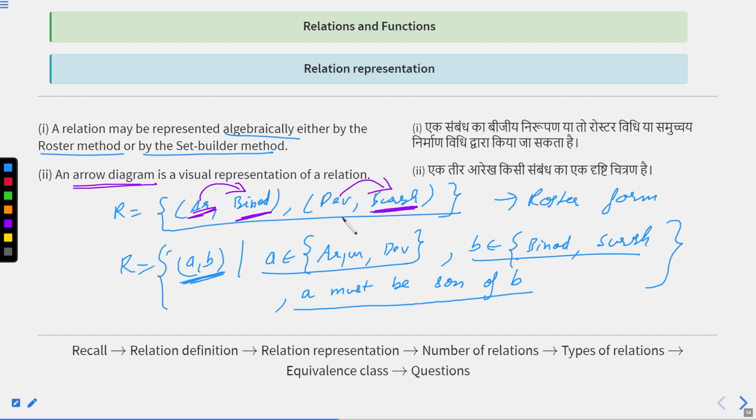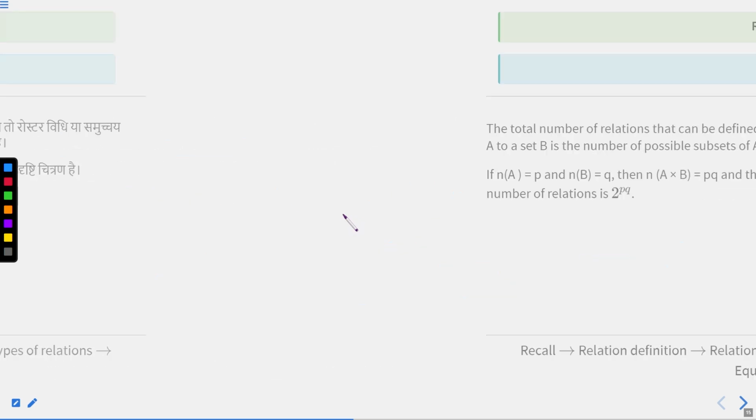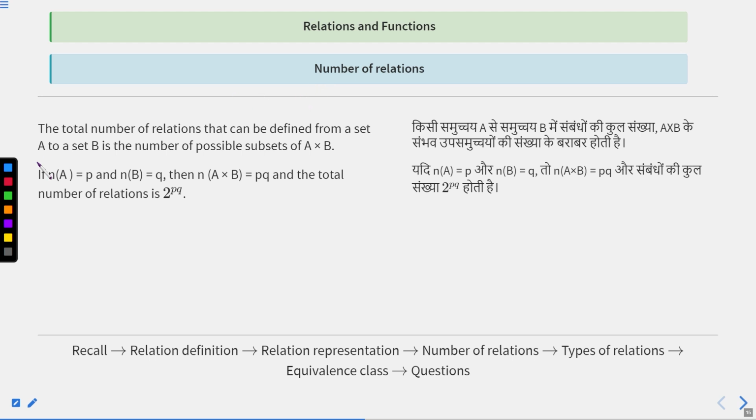Now let us move to the number of relations. How many possible relations can you find from A cross B? It is quite simple.